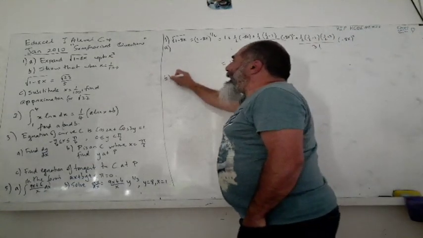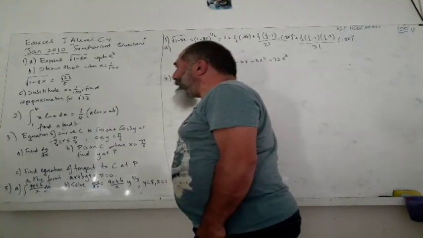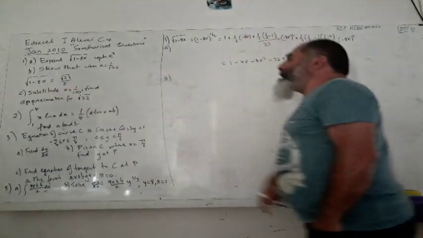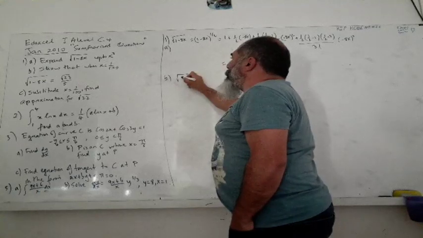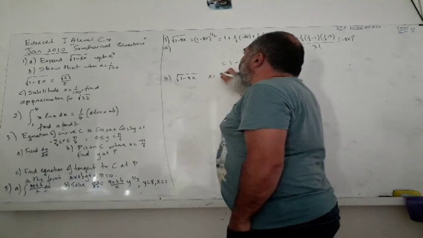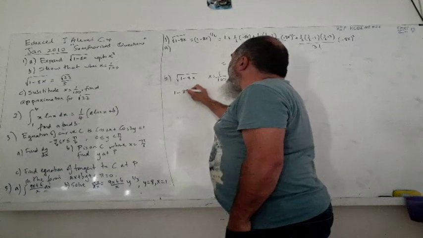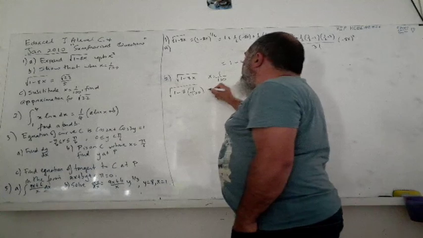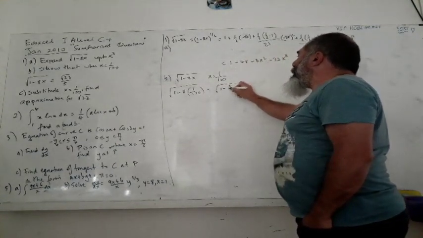B says that, show that when x is equal to 1 over 100, that expression will be root 23 over 5. So let's do it. Root of 1 minus 8x, and x is given as 1 over 100. Substitute that. 1 minus 8 times 1 over 100 under the square root is equal to, under the root, 1 minus 8 over 100.